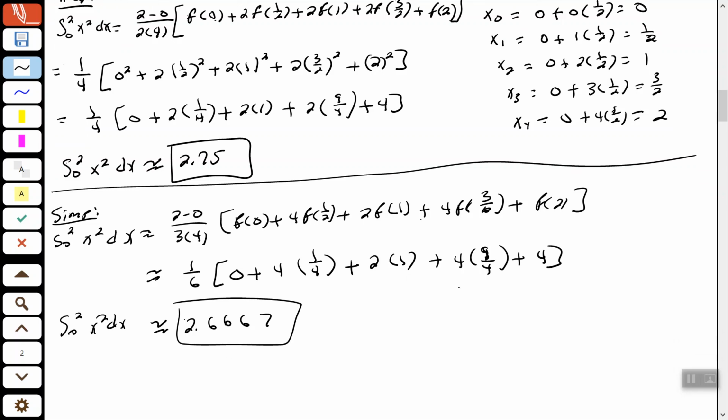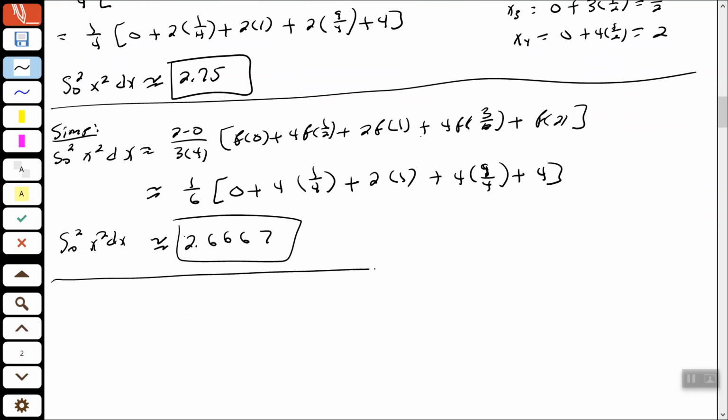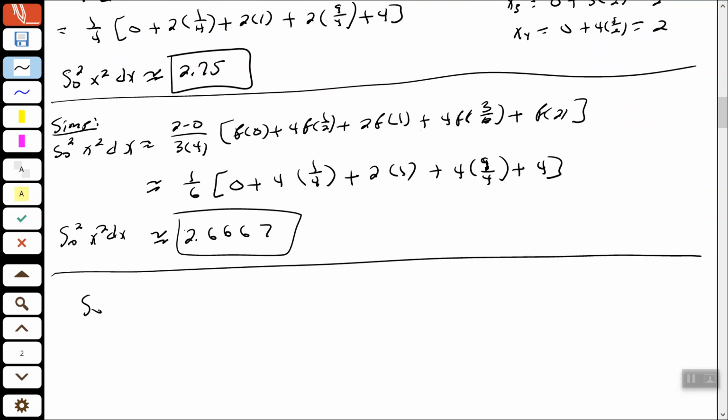All right, guys, if you did this analytically like we've done our integration before, since this one can be integrated, just to make a comparison, remember to integrate this, we would add 1 to the exponent and then divide by the new exponent, so x to the third divided by 3 from 0 to 2.